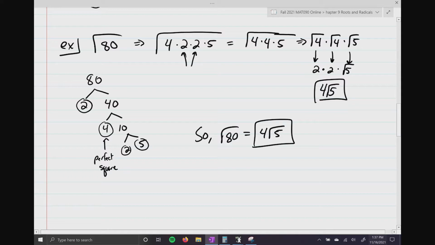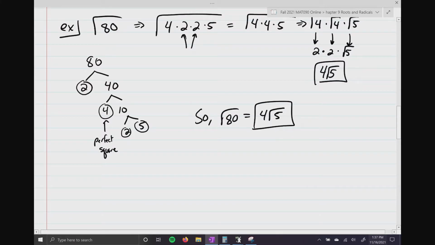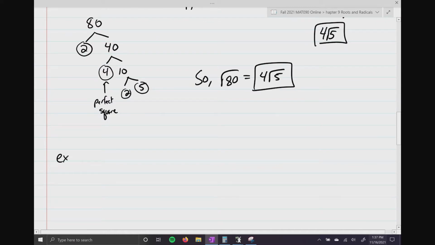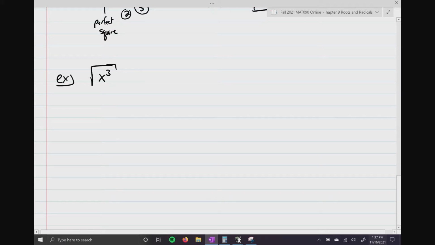Now, if you're asking yourself, well, what about variables? Well, let me show you. How about the square root of x to the third? Now, we are going to do this the same exact way that we did all the other variable problems previously. Watch. 2 goes into 3 once with a remainder of 1.